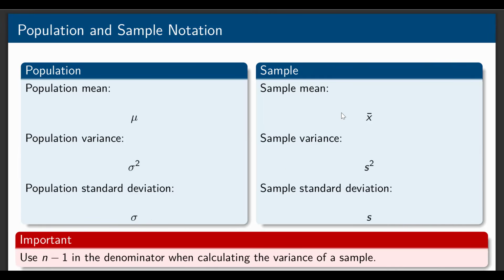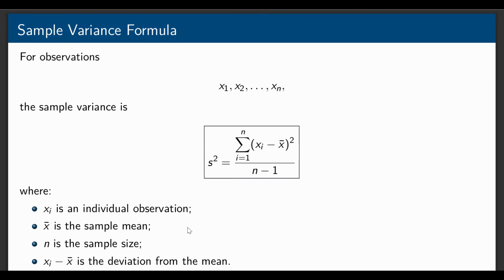Now, for the sample mean, we have x bar, for sample variance, s squared, and for sample standard deviation, s. Normally, we use n minus 1 in the denominator when calculating the variance of a sample.